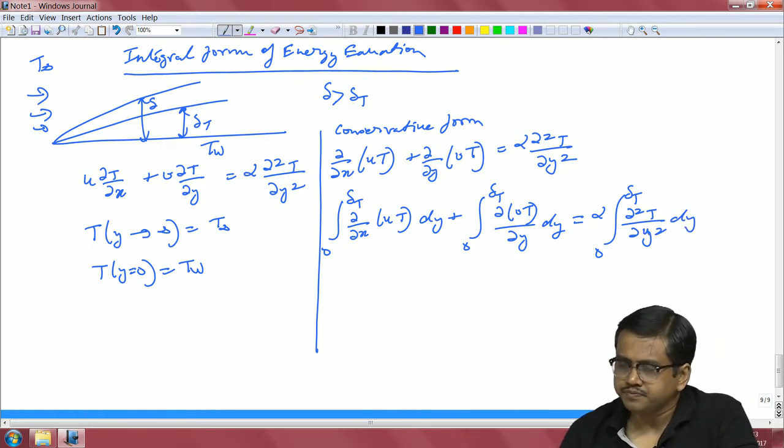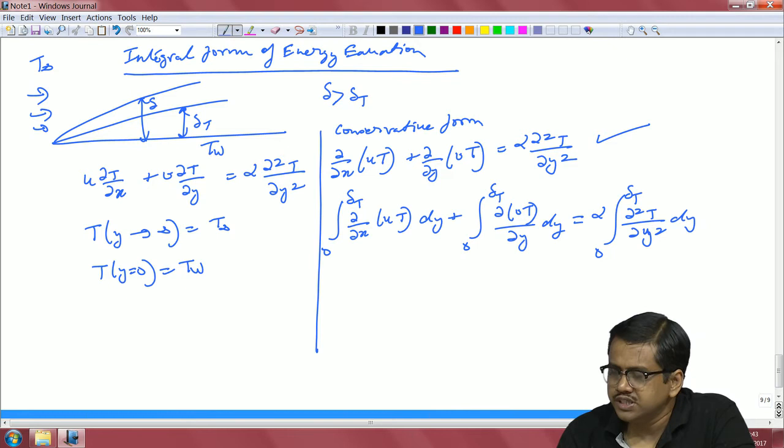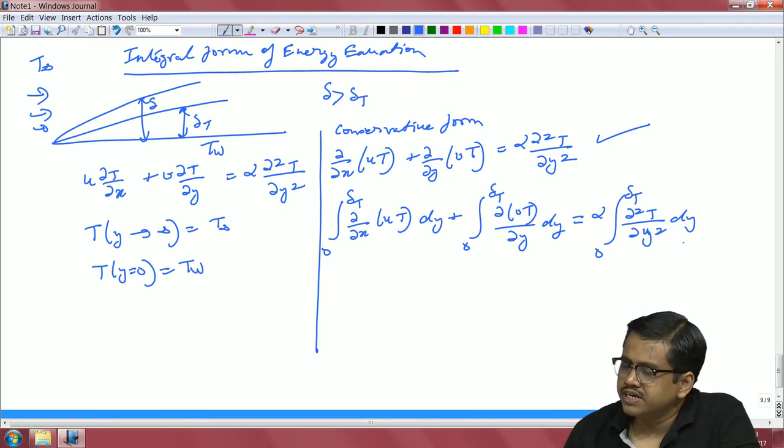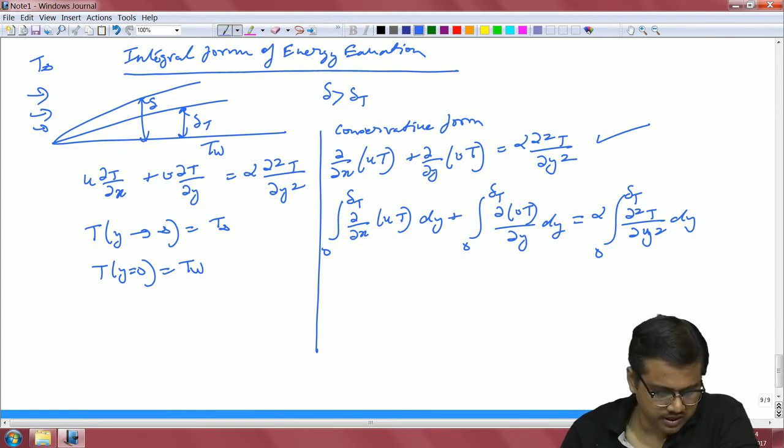So, this was the conservative form of the energy equation, that means you include the continuity, and we are integrating it with respect to y once again, that is what we did earlier.